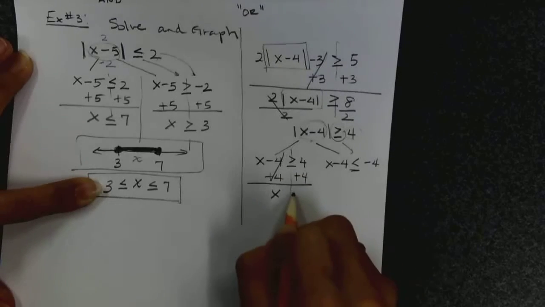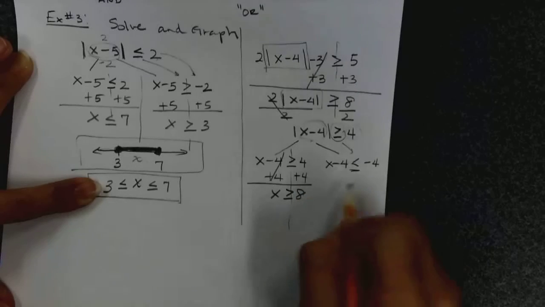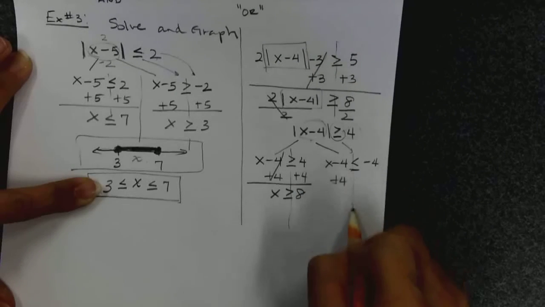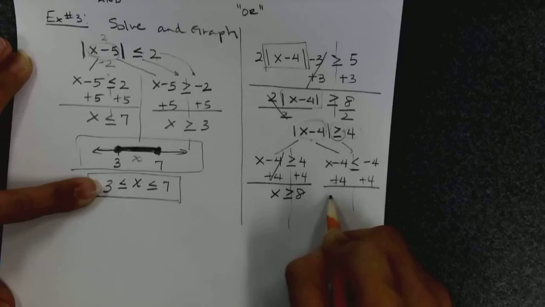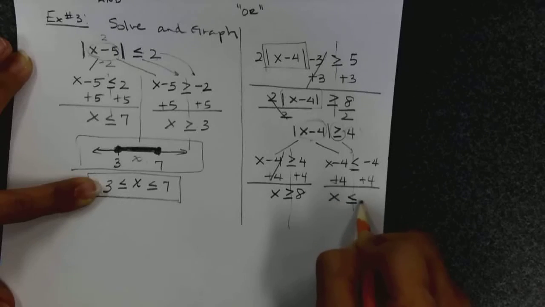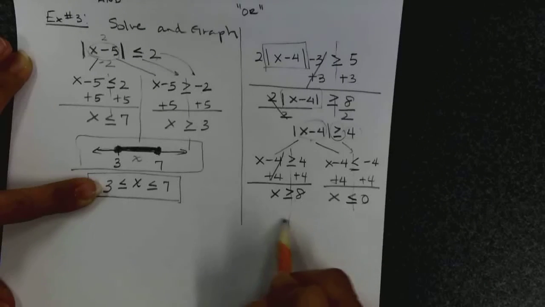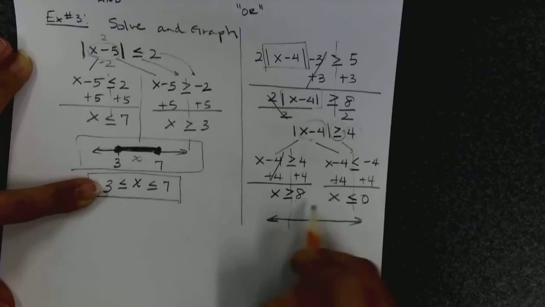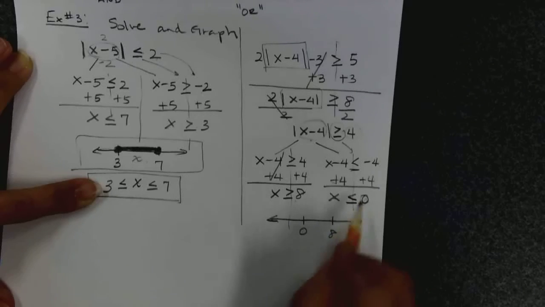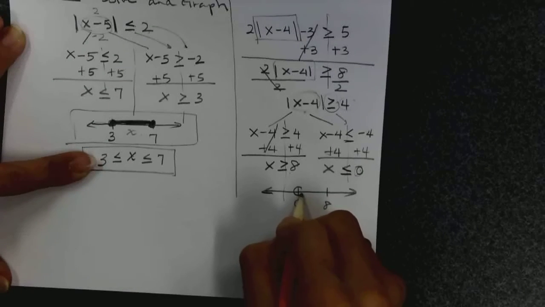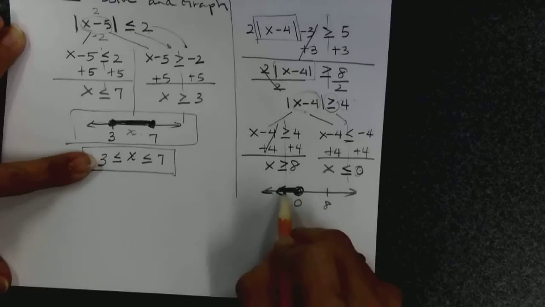So then we got x is greater than or equal to 8, and then when I add 4 again, x is less than or equal to 0. So these are the numbers when I graph. So I have 0, I have 8. x is less than or equal to 0, so I'm going to plug it in. It's a closed circle, and it's on the less than side.